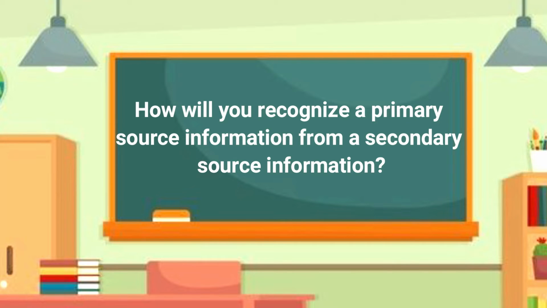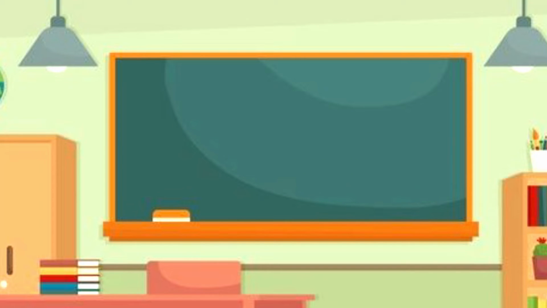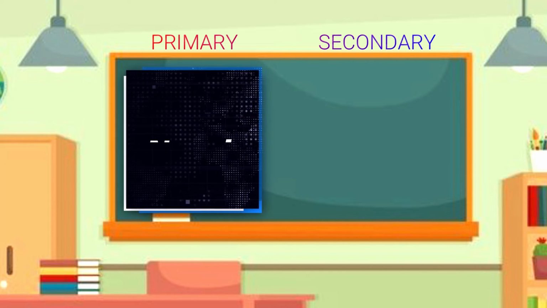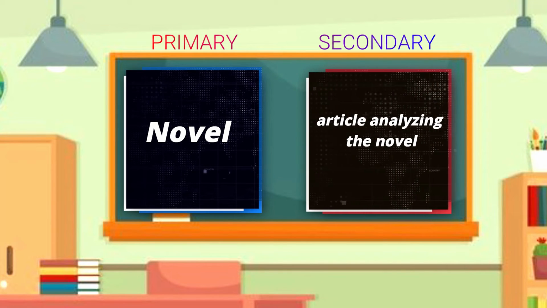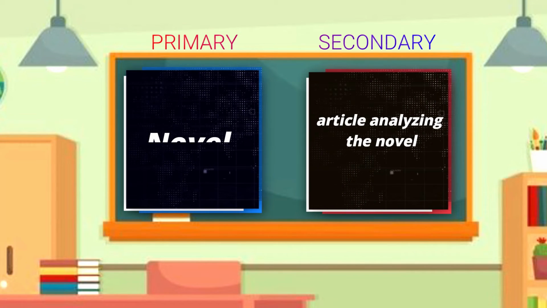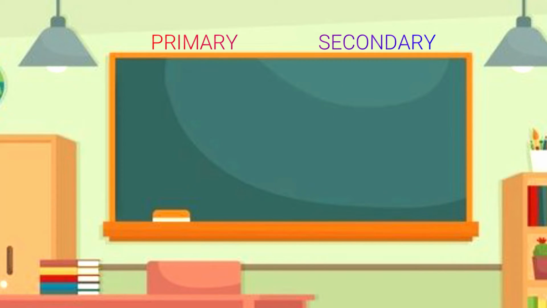How will you recognize a primary source information from a secondary source information? For example, if you have a novel as primary source, your secondary source should be an article analyzing the novel.